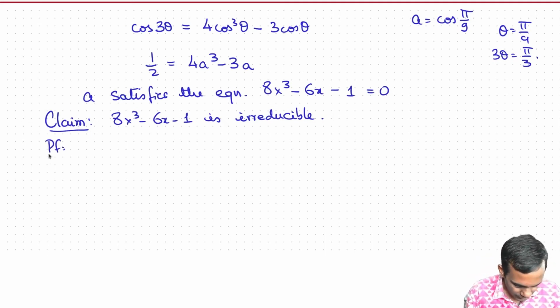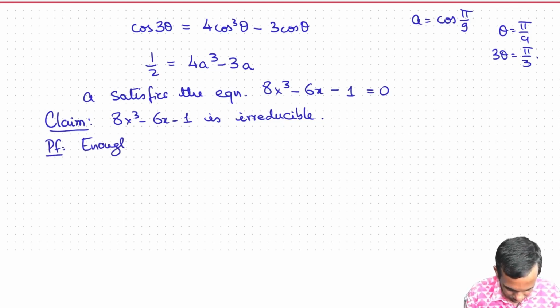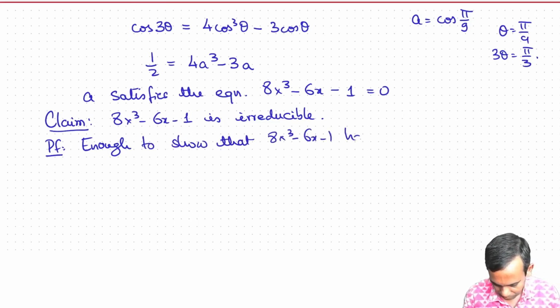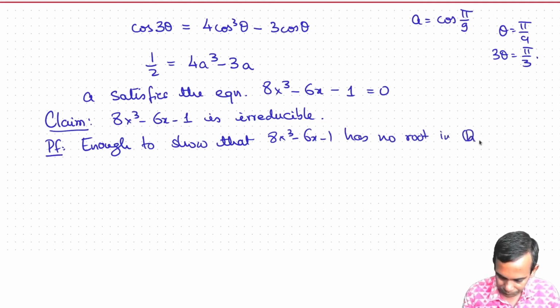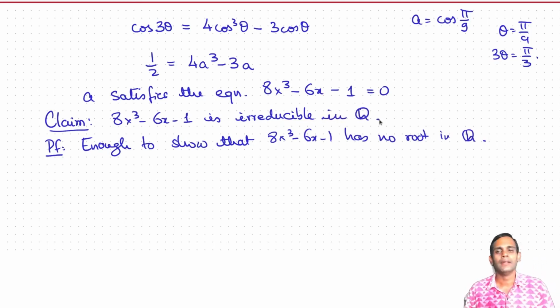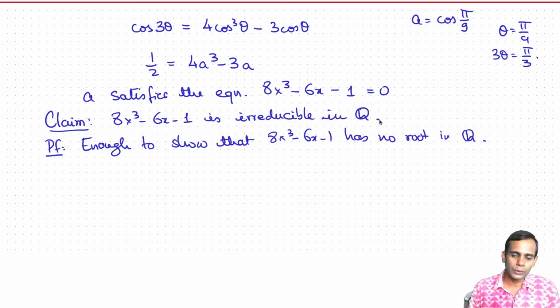So to prove this, it's enough to show that this has no root in Q. It has no linear factor means that it has no root. When I say irreducible, I mean irreducible in the rationals. So we need to show that it has no root in Q.